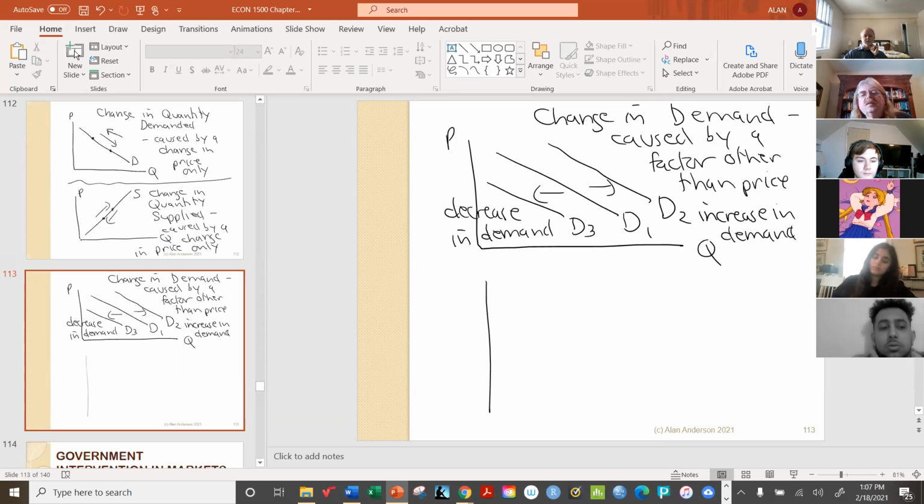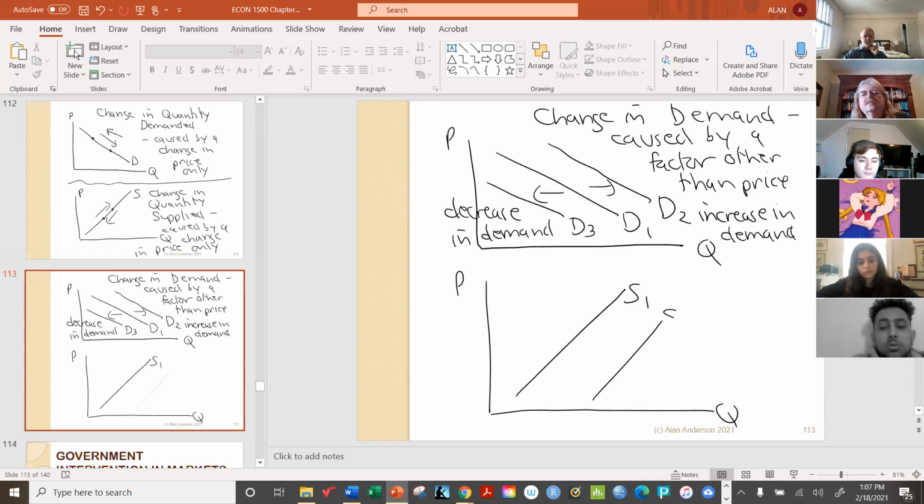Down below, where supply is concerned, everything will be perfectly analogous. We have a change in supply caused by a factor other than price.